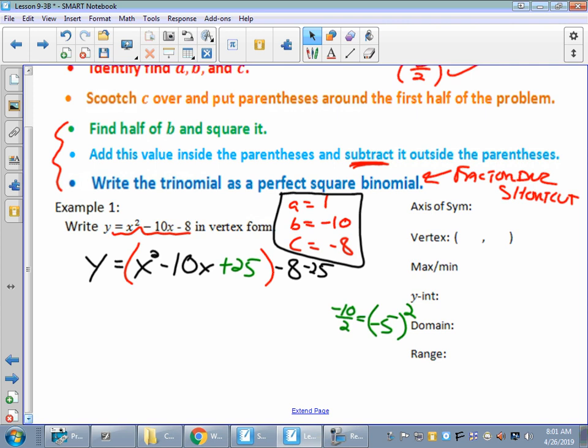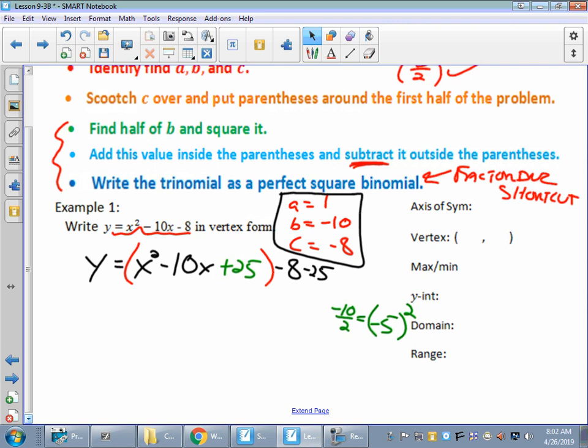If someone gave you 5 pieces of candy and then took 5 pieces away from you right away, you're still at the same spot you were at. So here's the thing, I'm adding this 25, but I'm subtracting the 25 from out here, so I didn't change the equation at all. But what I did is I gave myself a nice perfect square trinomial in here to work with. So now I'm on that step.